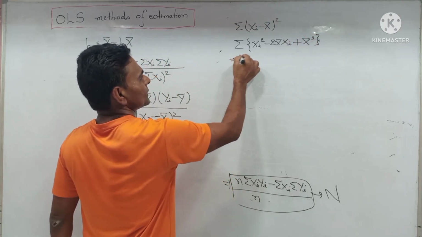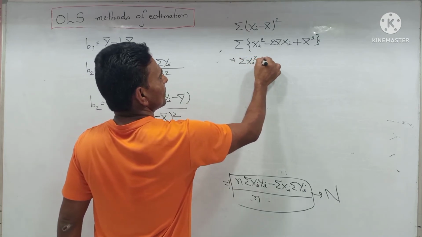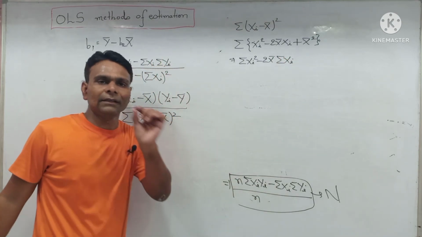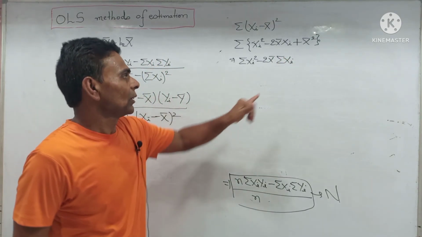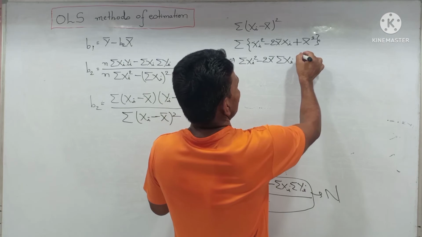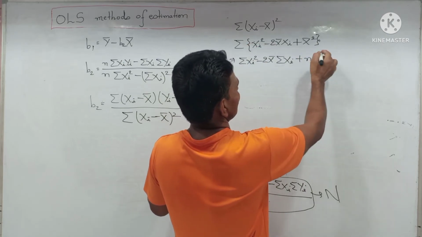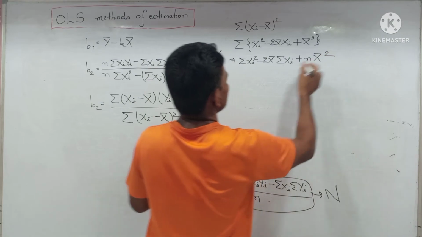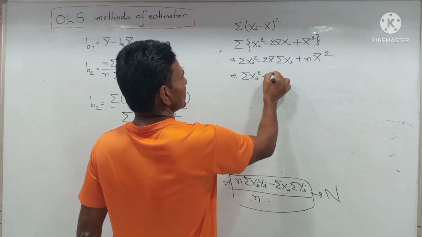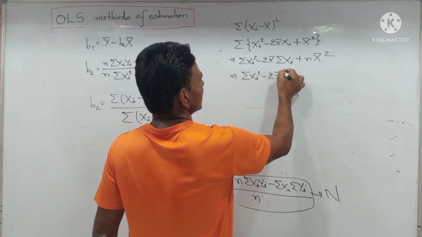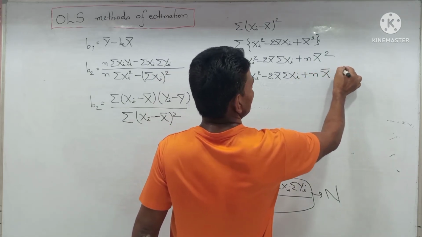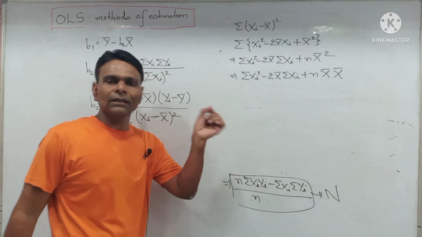Placing the summation sign: summation of xi square minus 2 mean summation of xi, the term having the observation, the variable term takes only the summation sign, plus n, summation coming as n, and mean square. It can be written summation of xi square minus 2 x mean summation of xi plus n times mean x bar into x bar.